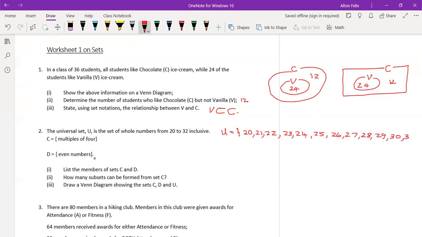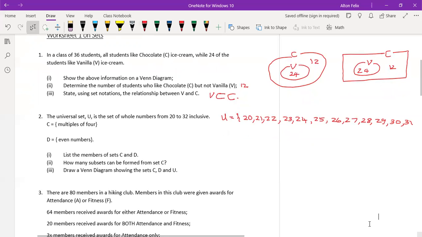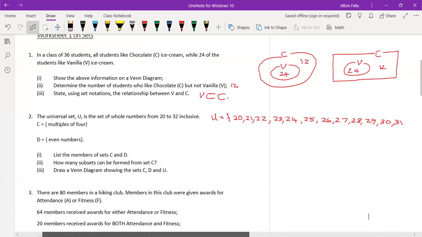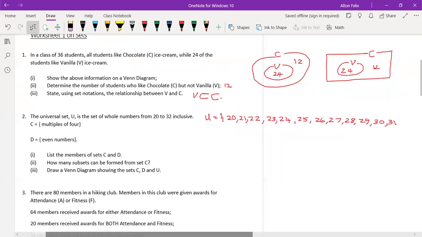Right, so we should barely get that in there. Okay, let's move across the screen a little bit so we can write out our universal set. Okay, so this is our universal set inclusive from 20 to 32. And C would be multiples of 4.